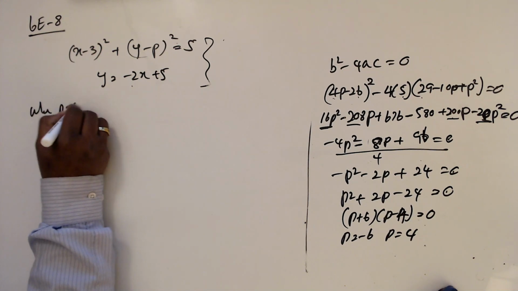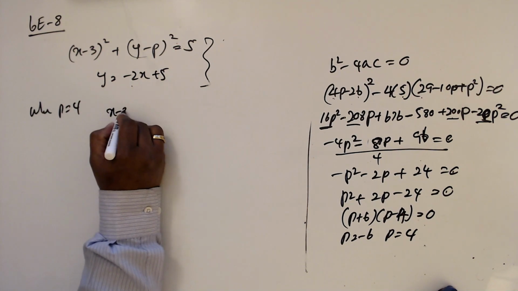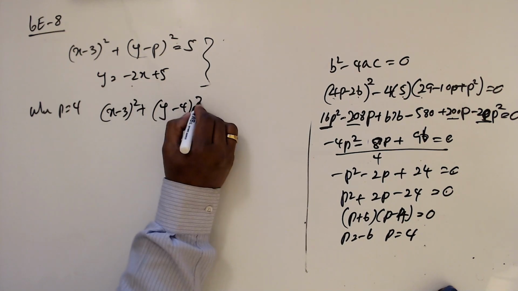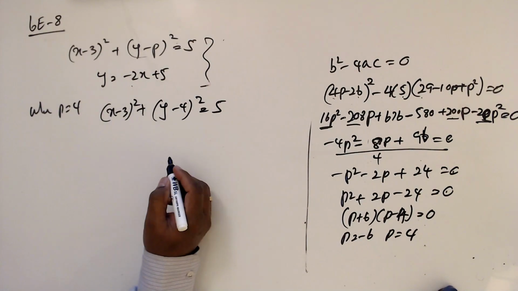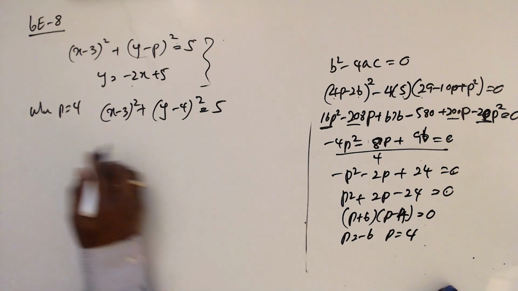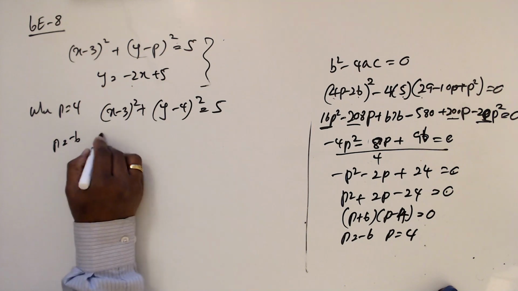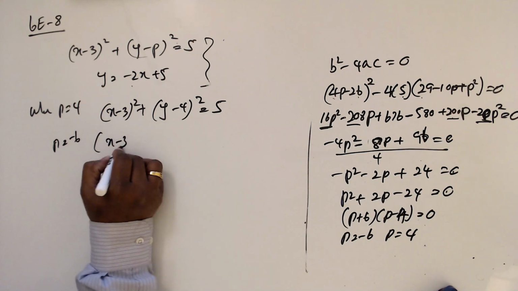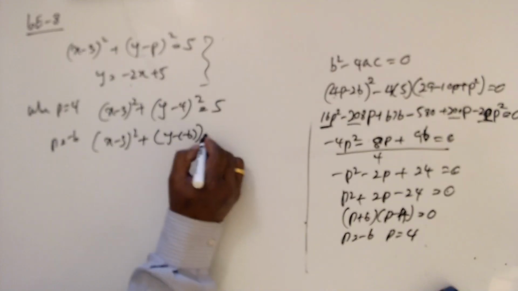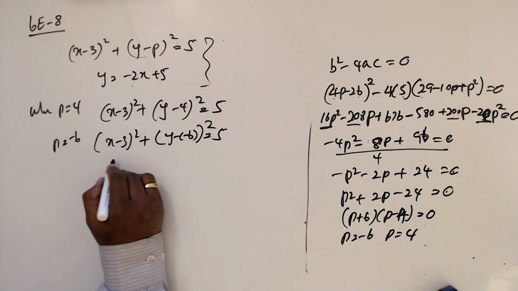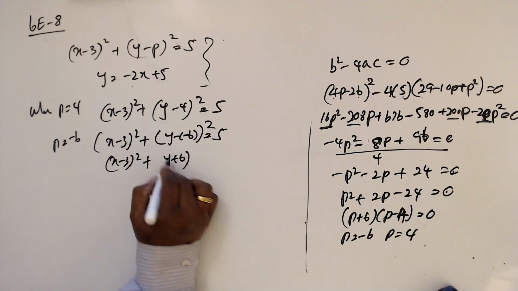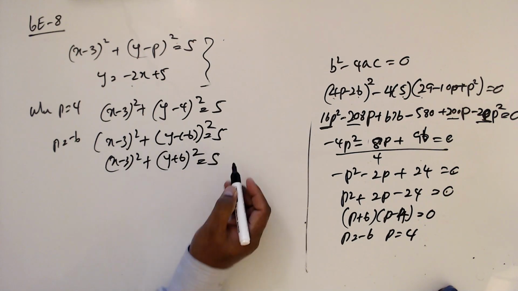When p equals 4, (x - 3)² + (y - 4)² = 5. When p equals -6, (x - 3)² + (y + 6)² = 5.